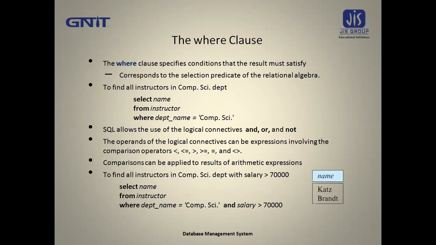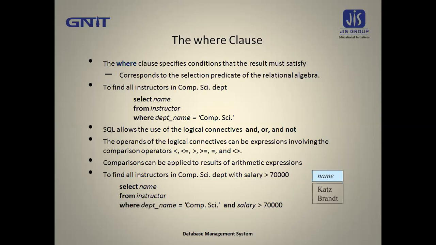So department name is an attribute. So then from the table, only the instructors who work in computer science department, their names will be shown. Okay. This is how we use where clause.